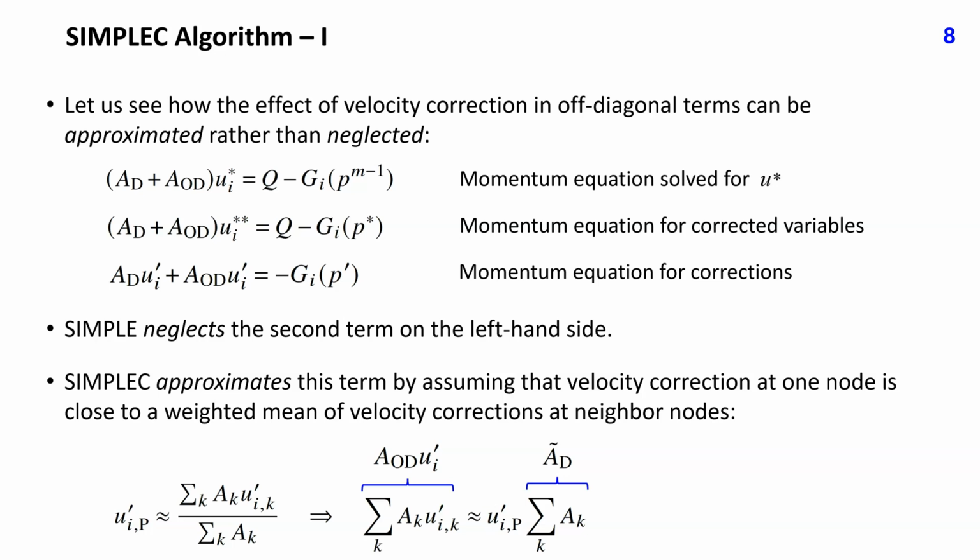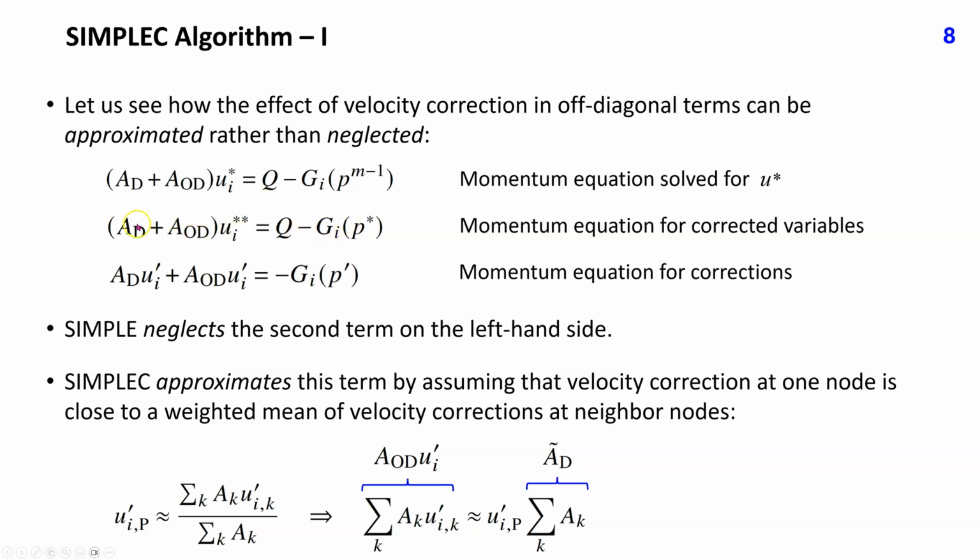Let us now see how the effect of velocity correction in off-diagonal terms can be approximated rather than neglected. This is the momentum equation solved to compute V star with pressure taken from the previous outer iteration. This is the momentum equation which we would like to satisfy with corrected velocity and pressure.